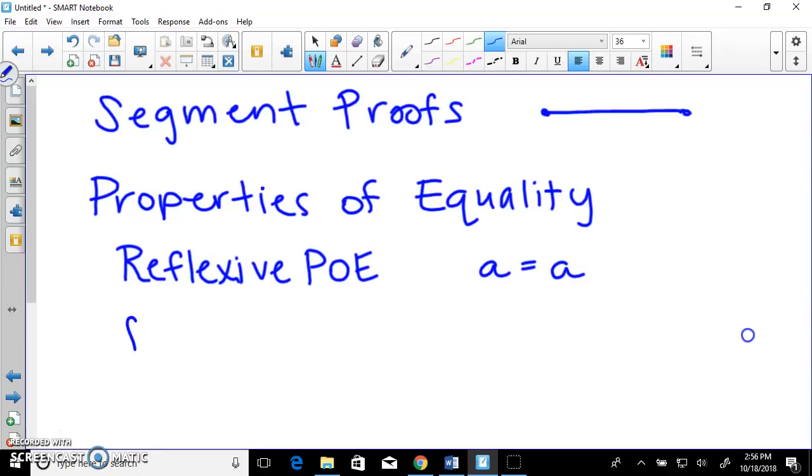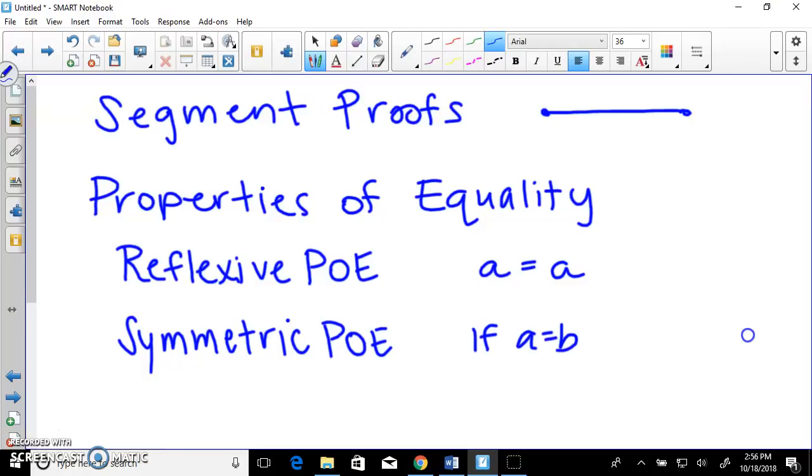The next one is the symmetric POE. The symmetric property just means that if A is equal to B, then we can switch the position of A and B on each side of the equal sign and make it say B is equal to A. And lastly, we have transitive.